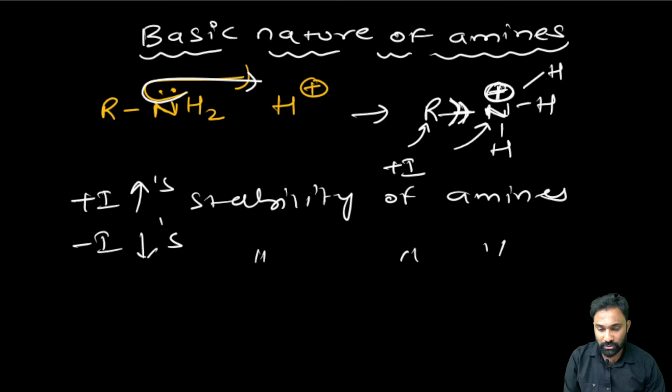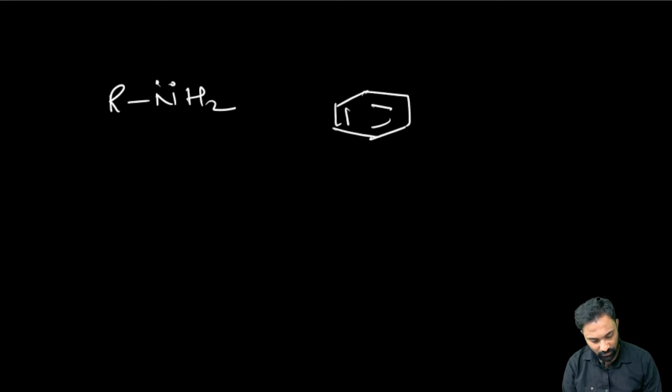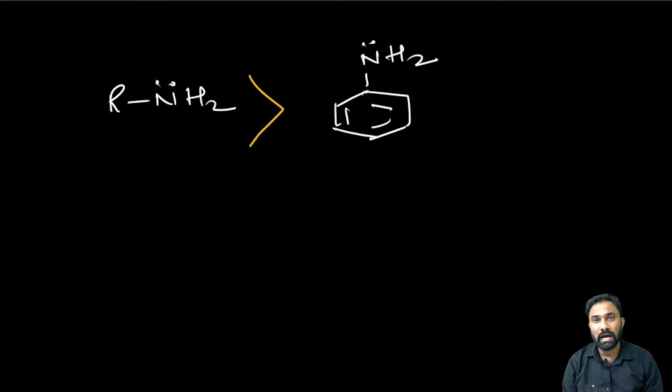Now, suppose they have given one aliphatic amine and one aromatic amine. Aniline is an aromatic amine, we know. Among the aliphatic amine and the aromatic amine, aliphatic amines are more basic than the aromatic amines.